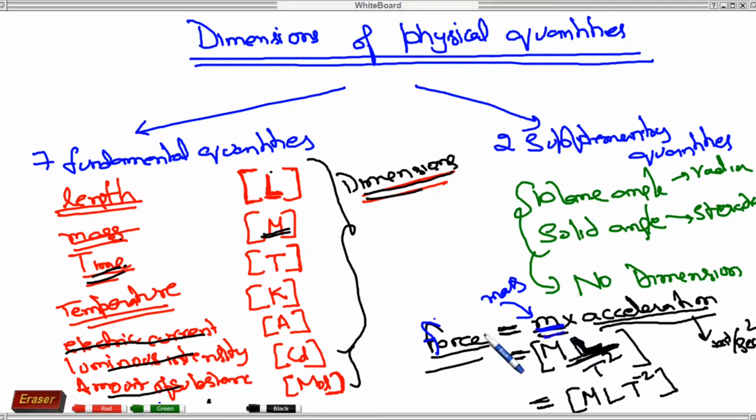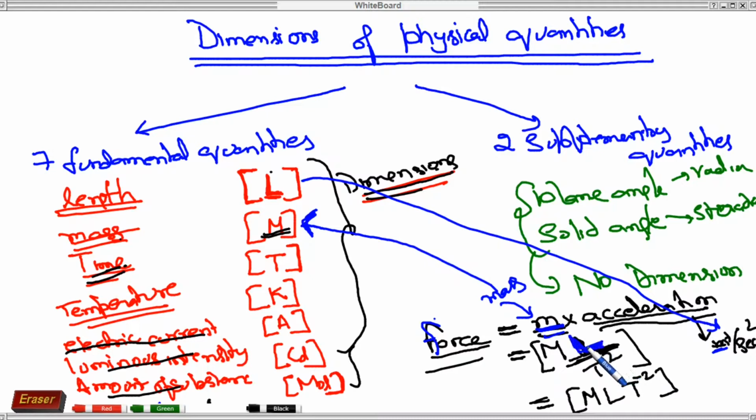For mass, this is the dimension of mass, so we write it like here, M. For acceleration, the unit of acceleration is meter per second square. So what is this meter? This meter is length, L. So we write it like this as L. Okay, and this is second square.